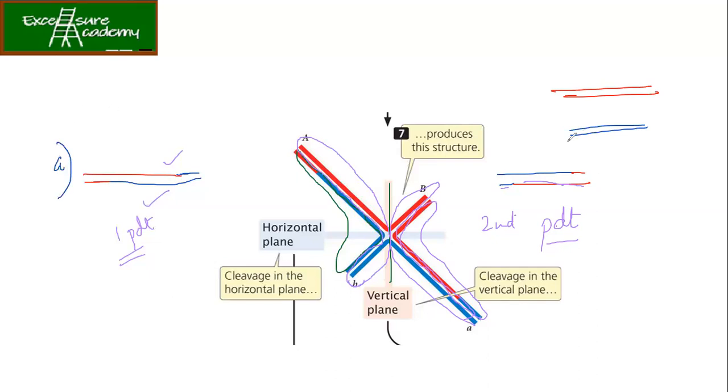This is one product. This is another product. Do you think it is similar to the parental? No, no, right? Because none of the strands has the parental copy. Here also, both strands have half of each, right? That's why it is known as the crossover product.